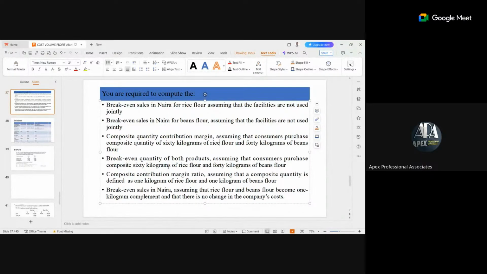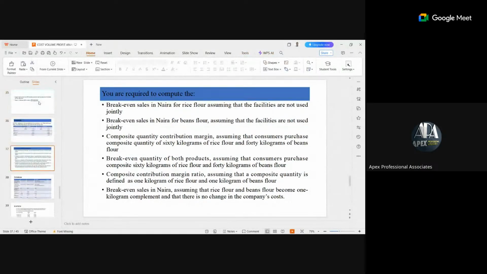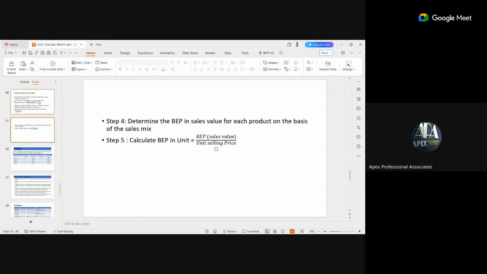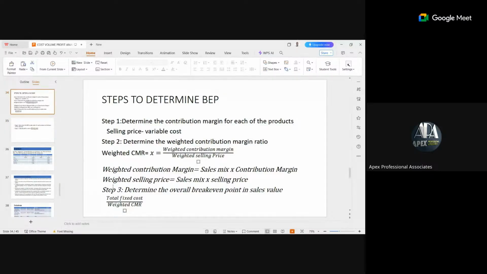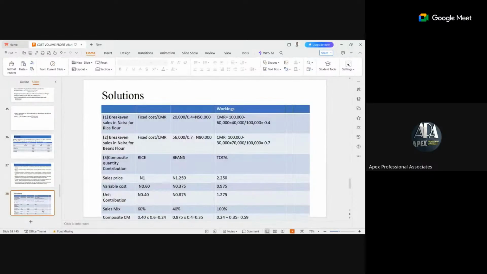Based on the formula we presented earlier, how do you get break-even points in sales value under multiple products? Total fixed cost divided by the weighted contribution margin ratio, which is the composite contribution margin we've determined.